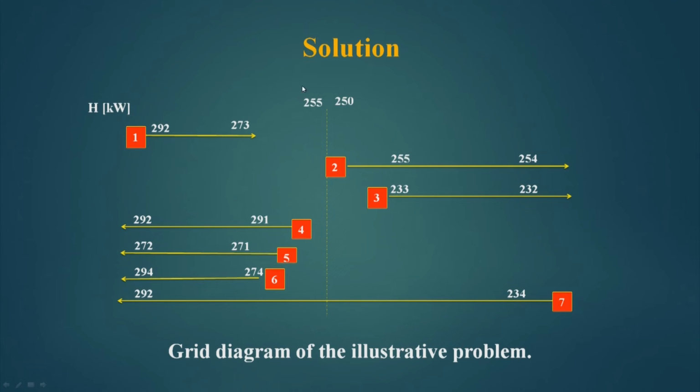Now, here 255 and 250 are the pinch temperatures. This is the hot pinch and 250 is the cold pinch, so the difference is 5 degrees centigrade.